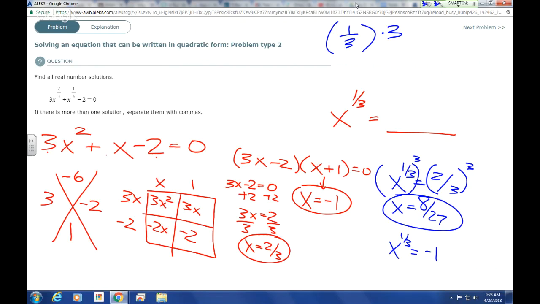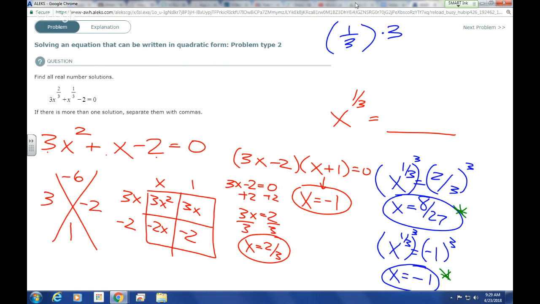And then we've got to do the same thing to the negative 1. So I'm going to raise this to the 3rd. Negative 1 to the 3rd, anyone do that in their head? Negative 1. Okay, so as much as these are close to the answer, these are the actual answers. Got to put it back in the machine.